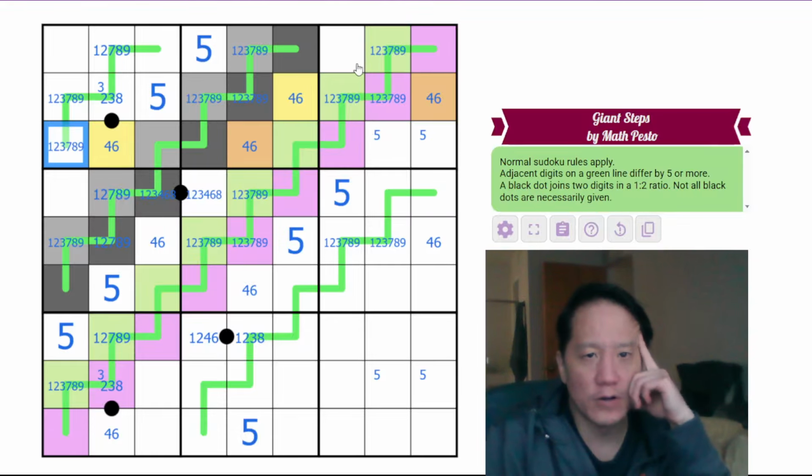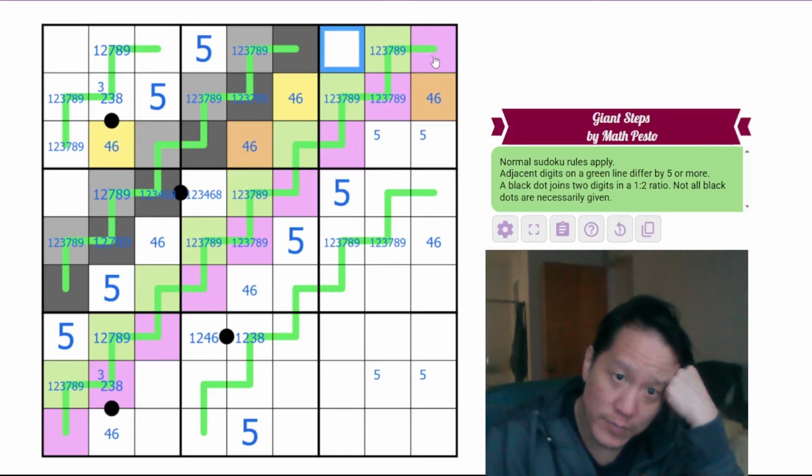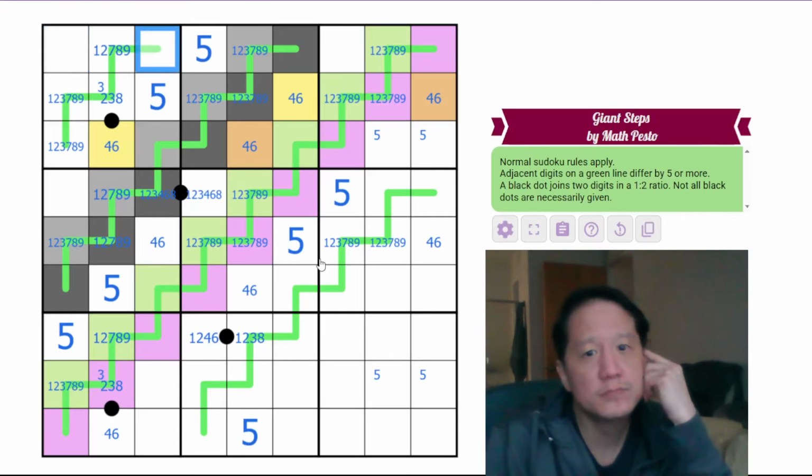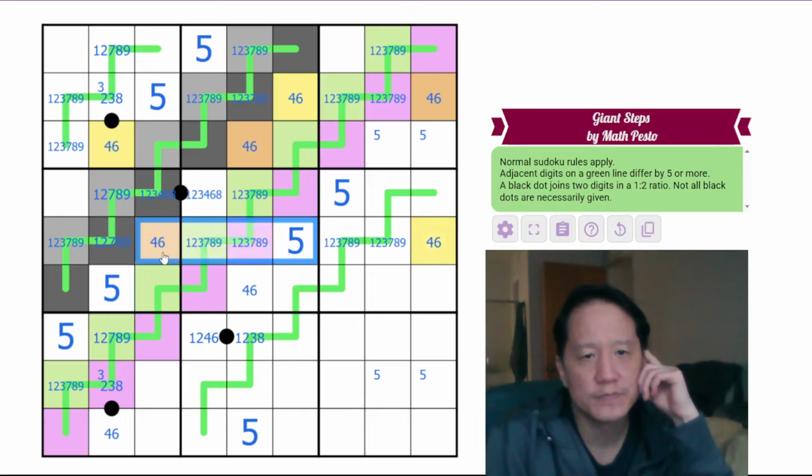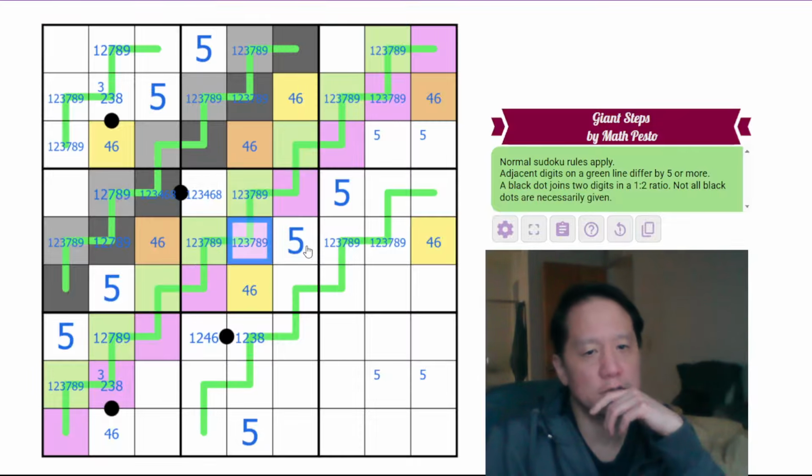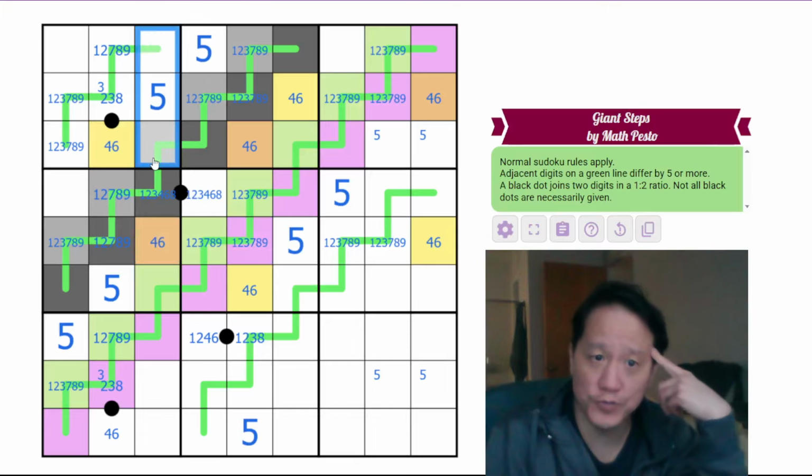So yellow 4, 6 has to be one of these two, right? Orange 4, 6 is one of these two. This is orange 4, 6, so this is yellow 4, 6, which makes this orange 4, 6. Orange 4, 6 is here, which means this cannot be orange 4, 6.